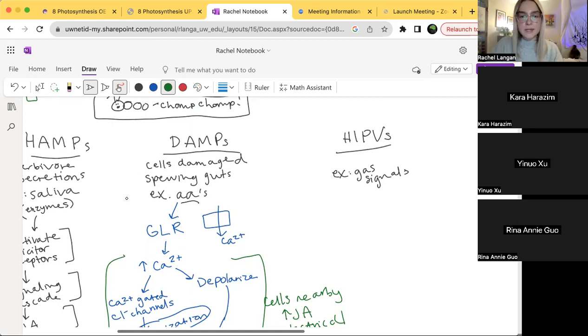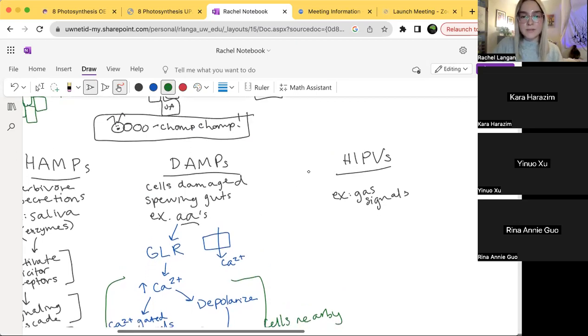So where do the HIPV signals come from? Those are going to be the results of plant defense genes being transcribed.